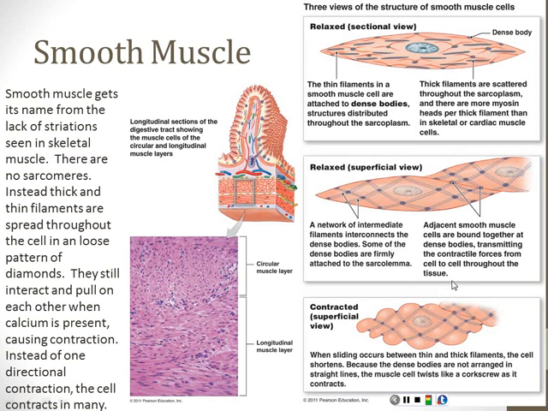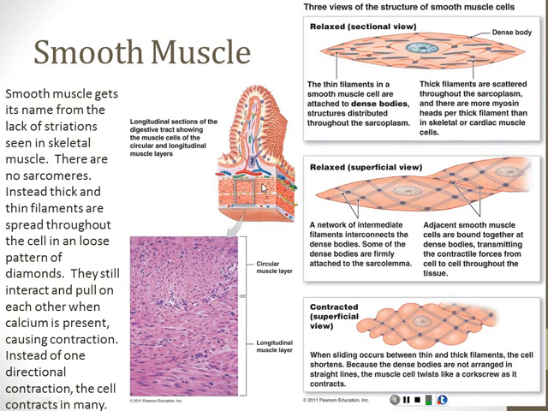So it can make sheets. If you took skeletal muscle and made a big sheet of it, when it contracted, it would only get shorter in one direction. If you have smooth muscle in a big sheet and it contracts, the whole sheet gets smaller, right? Because it's contracting in all dimensions at once, like we see here.